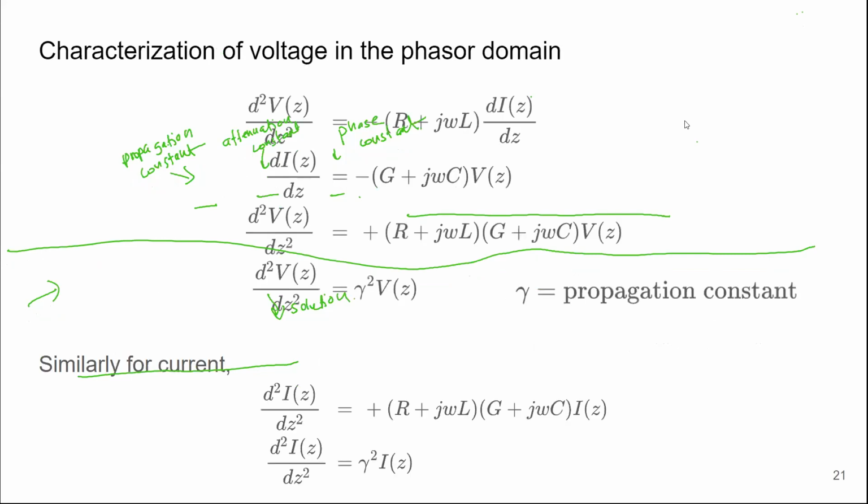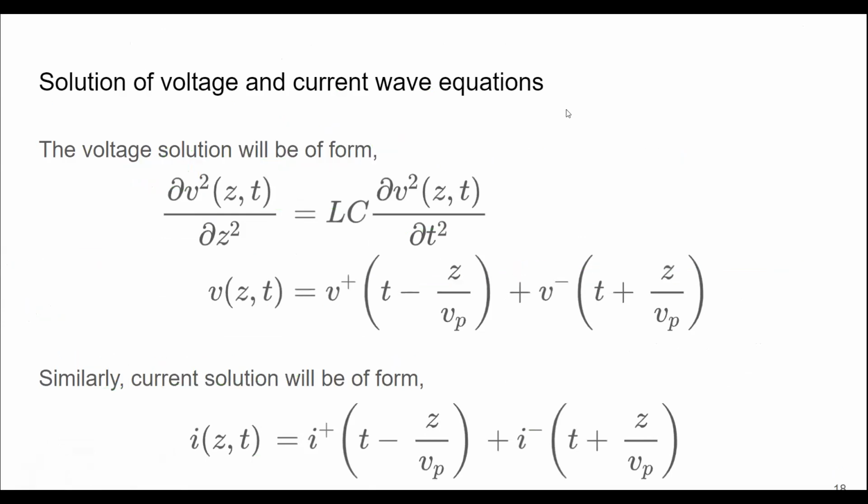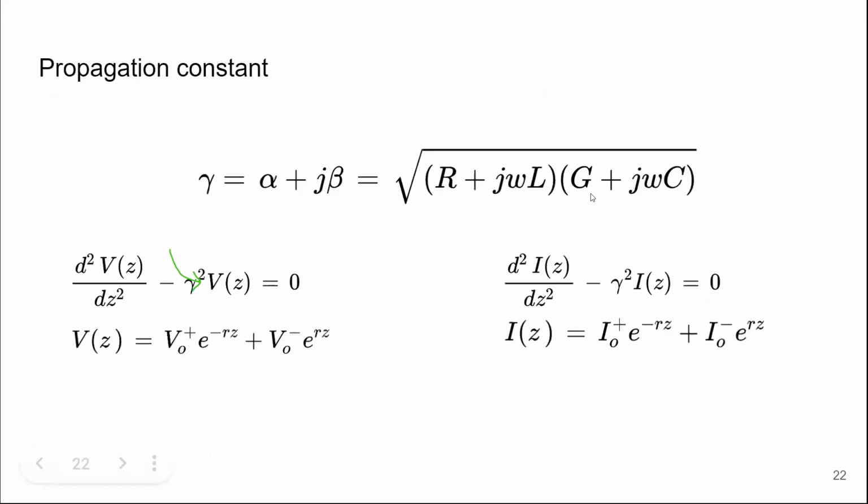However, we got this with respect to time. Now, since we are going for simpler notation using phasors, we are writing it in this manner. Same expressions, but in the phasor domain.